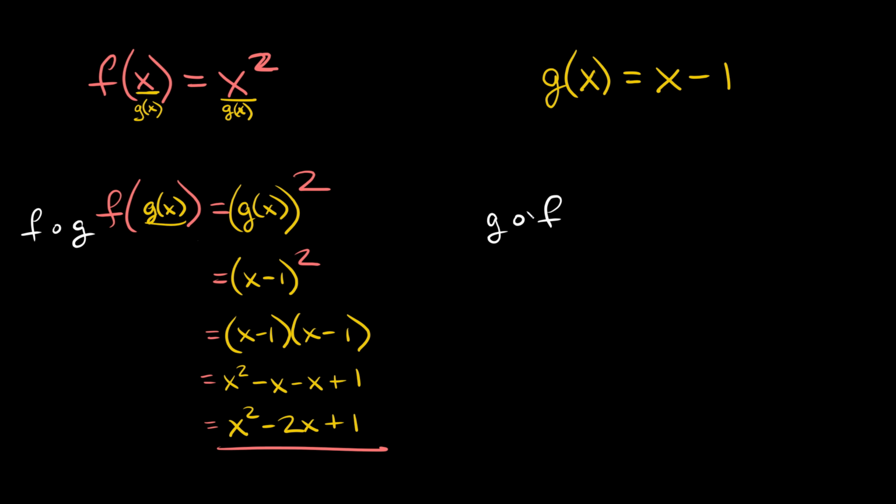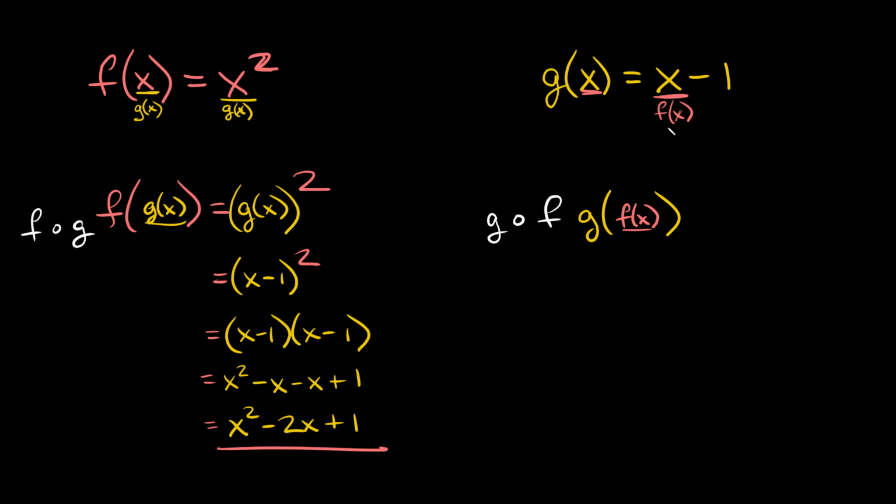Now, let's go to finding g of f of x. This time we want to do the other way around. This just means we want to plug in f of x wherever we have an x. This is the only spot we have an x, so this is where we want to plug in f of x. And what is f of x? Well, f of x is equal to x squared.